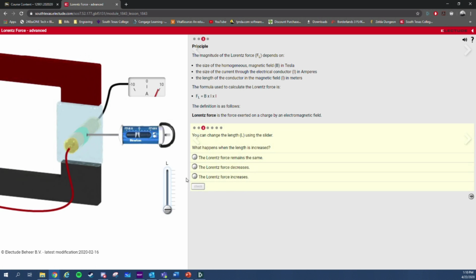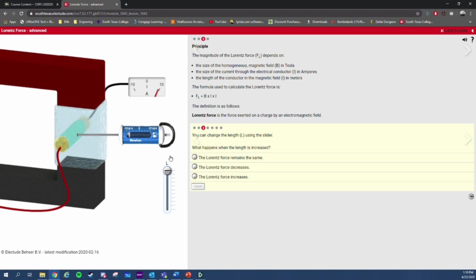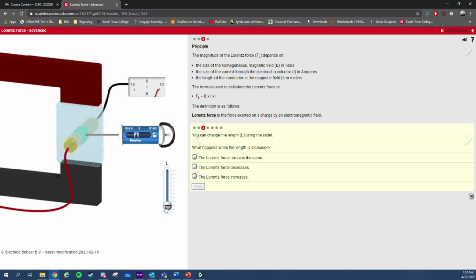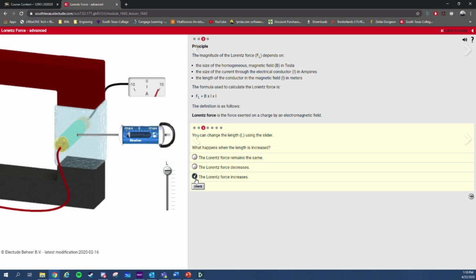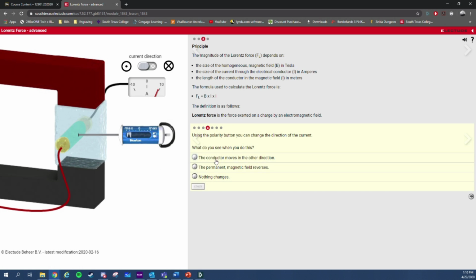So they're more than likely proportional. What happens when the length is increased? Yeah, it's still increasing. So everything's increasing, right? That's why everything's being multiplied.